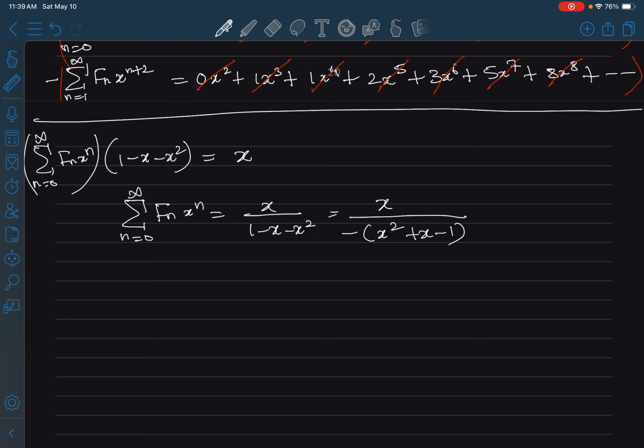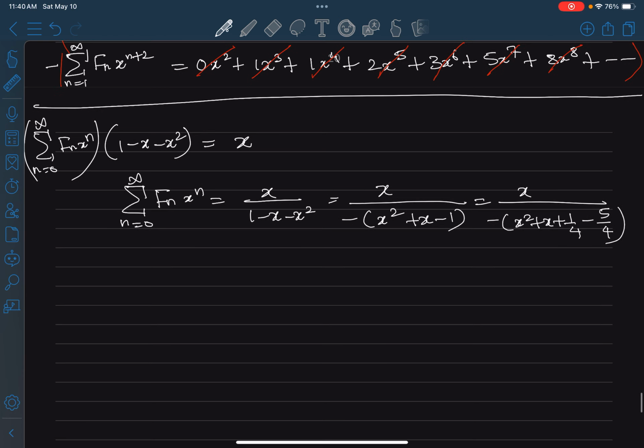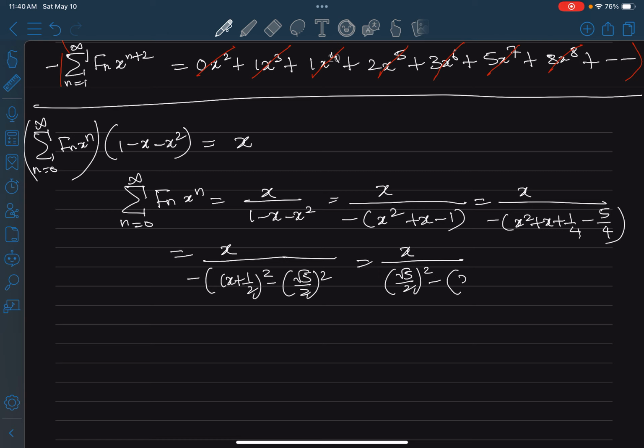So if I take minus common, we will have x square plus x minus 1, right? And this becomes x square plus x plus 1/4 minus 1/4, so minus 5/4, right? So this becomes negative, this is x plus half square minus root 5 by 2 square, right? So that becomes root 5 by 2 square minus x plus half square, right?